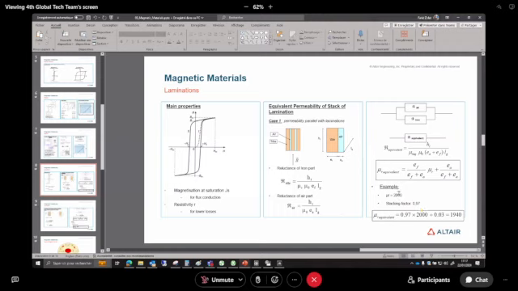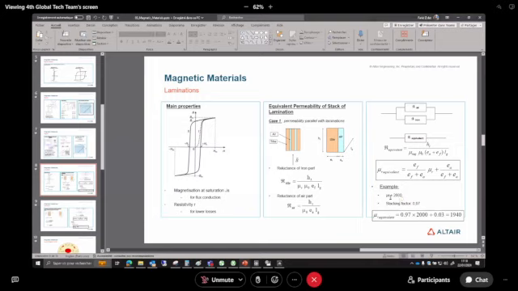So if I make an example, I have an initial relative permeability of 2000, right? And then with a stacking factor here of 0.95. So the stacking factor is the length of the equivalent iron divided by the real length of the device.